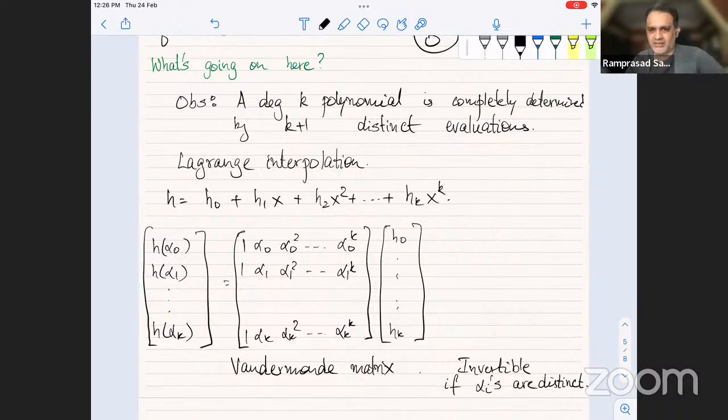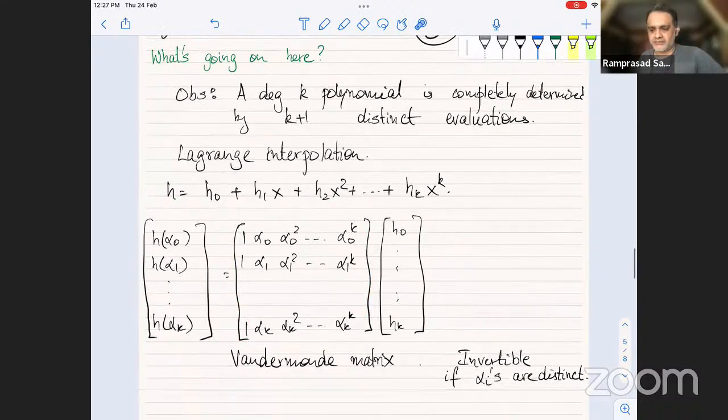If not, I will spend some time on this, but I guess you have seen this before. Now that it is invertible, this basically says that if I know how to get the evaluations from the coefficients by this matrix multiplication, I can also do the reverse, because I can invert this matrix multiplication operation.